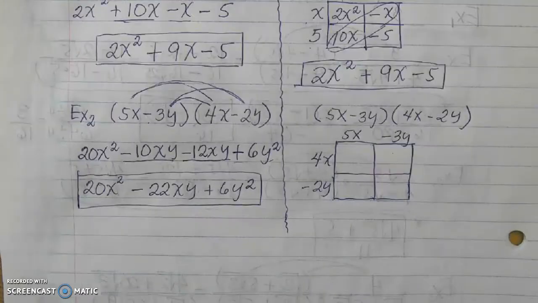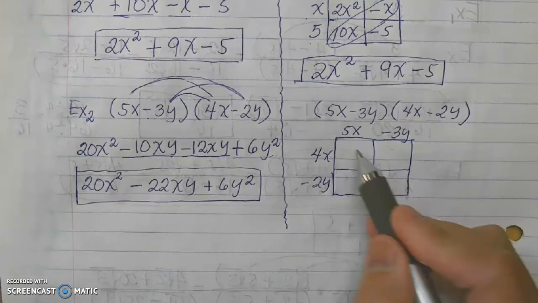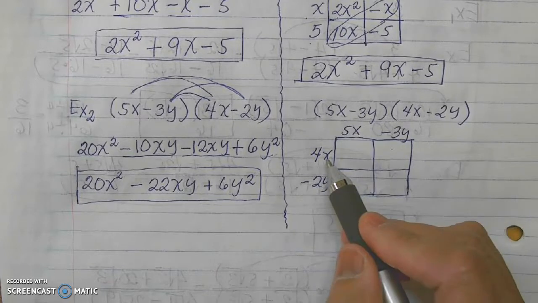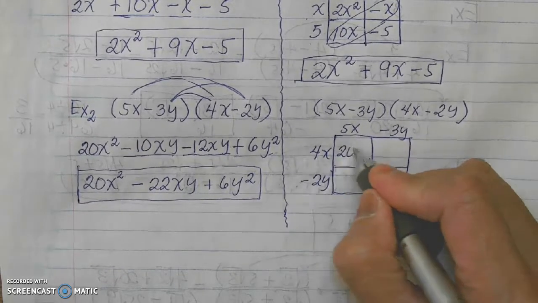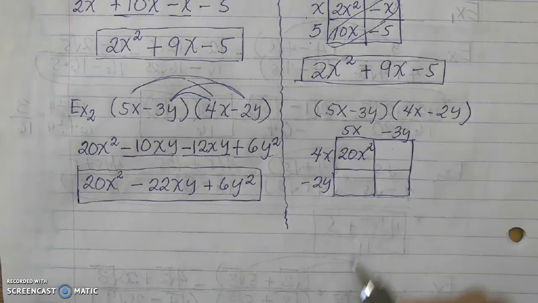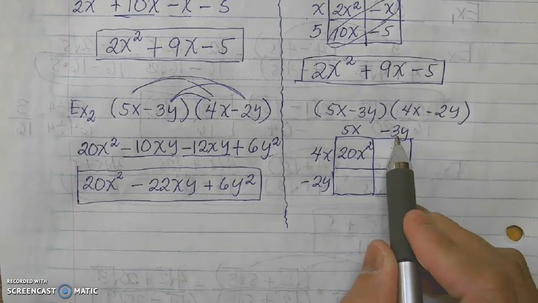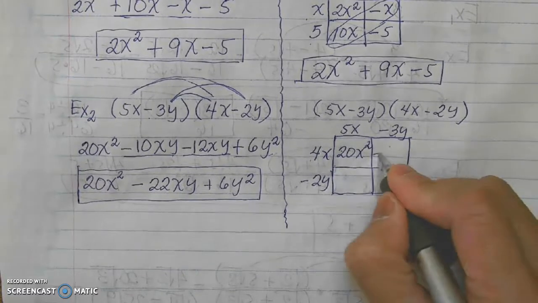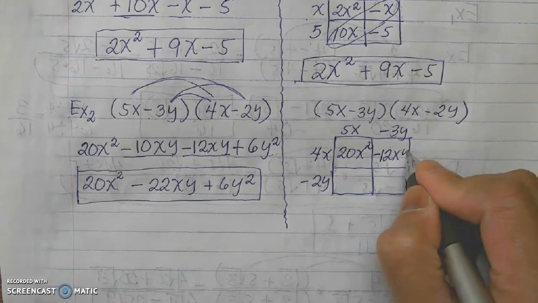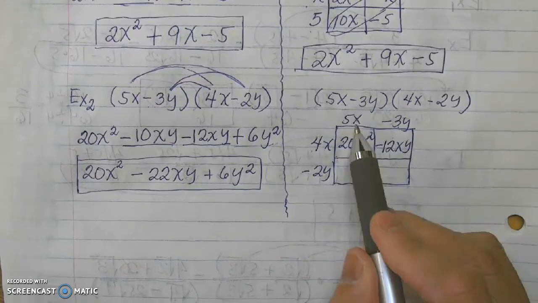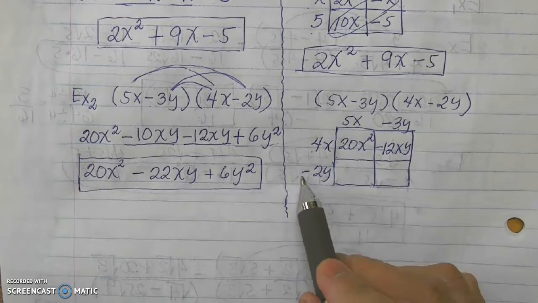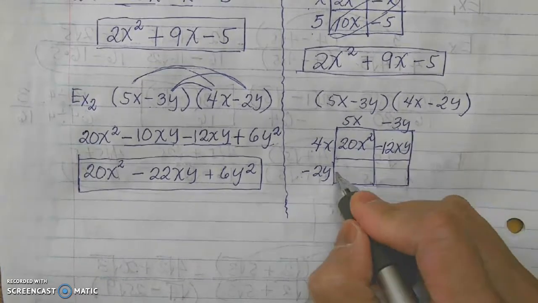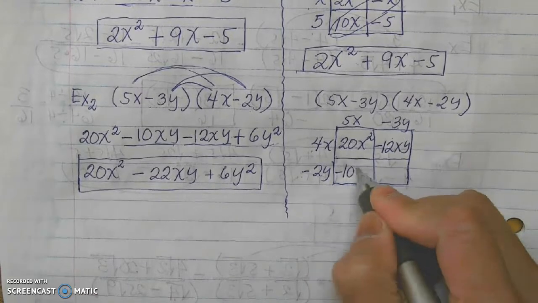So let's go ahead and do this. 5x times 4x is 20x squared. Negative 3y times positive 4x is negative 12xy. 5x times negative 2y is negative 10xy.